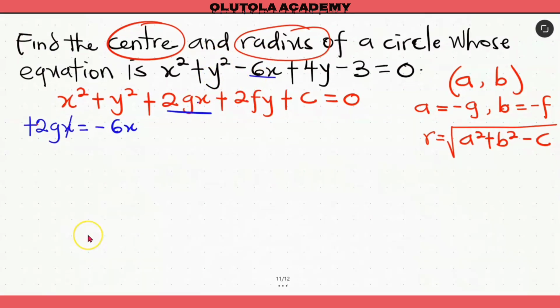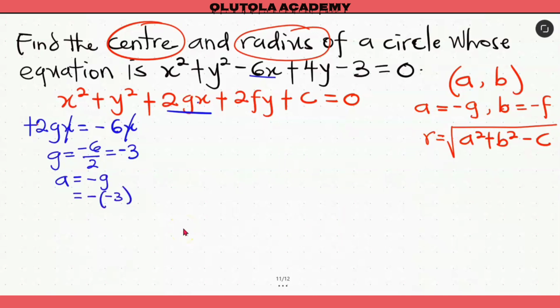So x goes, then I have g equals negative 6 divided by 2, and that gives us negative 3. That means my a equals, remember, a is negative g. Since g is negative 3, a is 3.